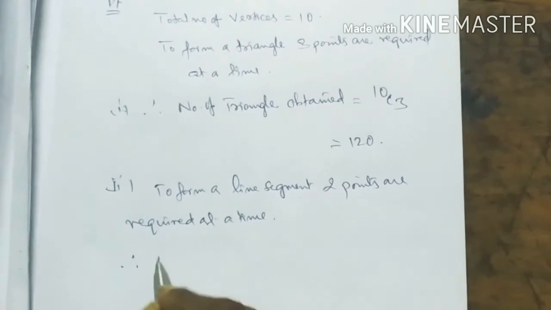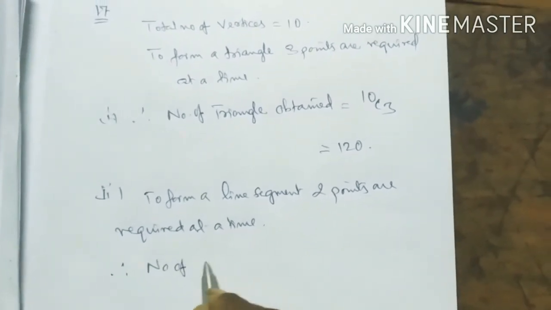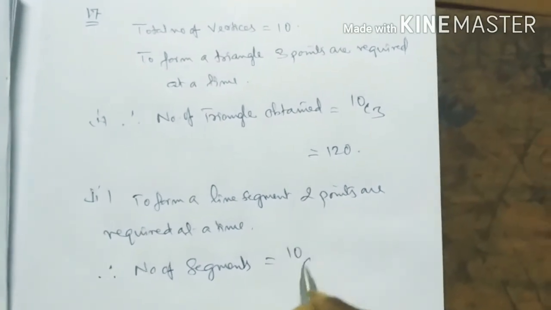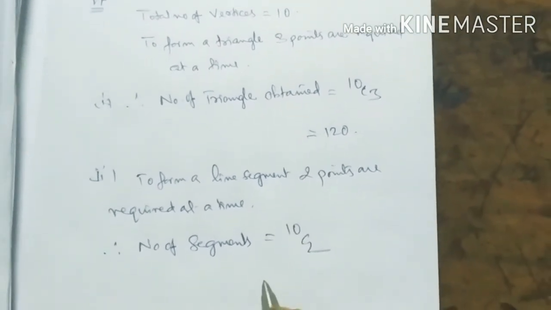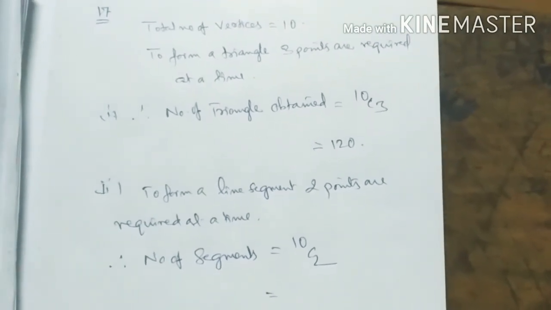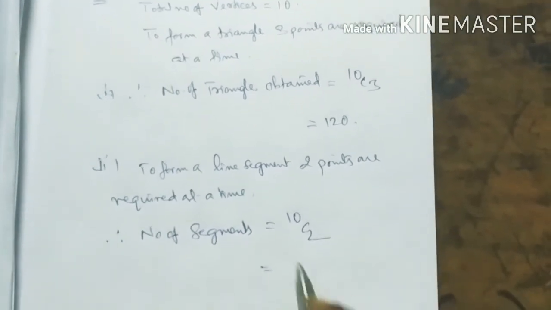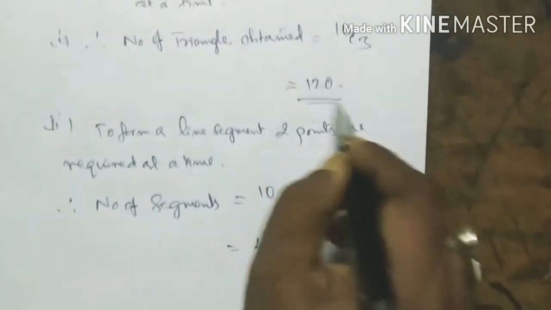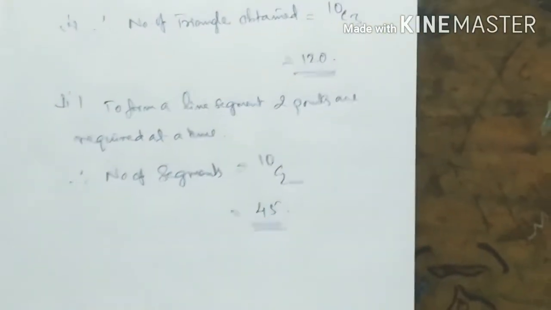Therefore, the number of segments is equal to 10C2, which comes to be 45. So my answer is C, it is 45. So these two are my answers.